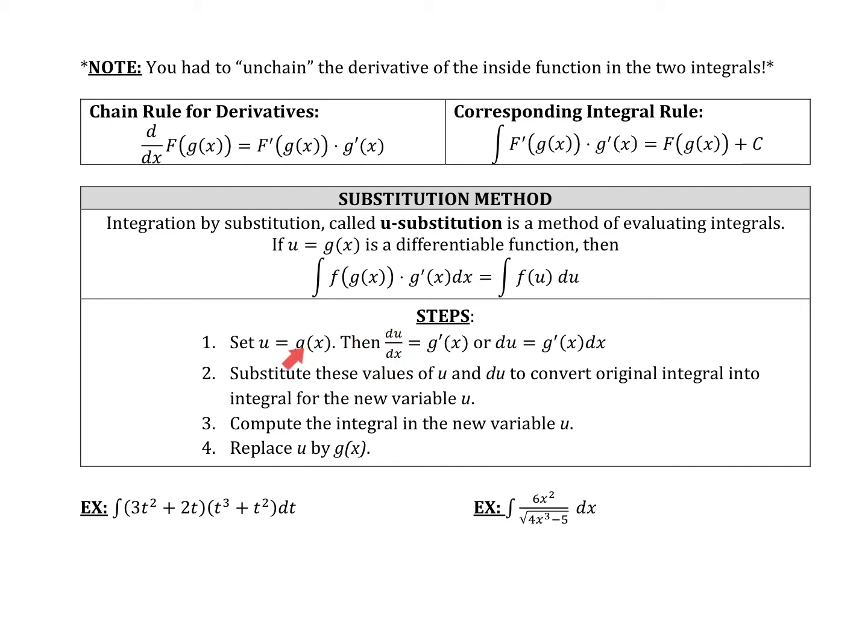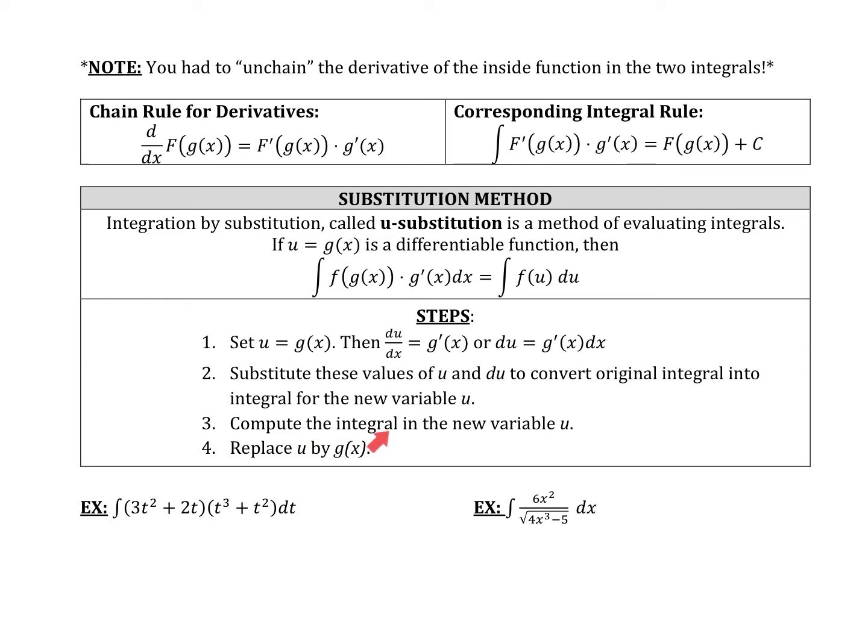We're going to derive that u equals g of x. Now, it does look like this: du over dx equals g prime of x. But what we're going to do is separate it, write it in more of a differential form. So du equals g prime of x dx. And then we're going to make some substitutions into the original function to convert the entire integral in terms of that variable that we've chosen, so in our case, u.